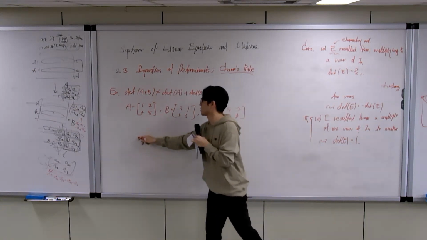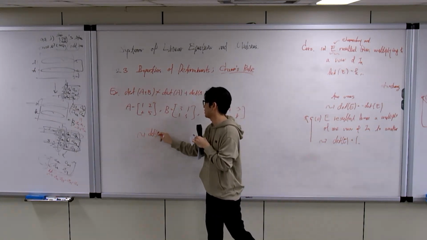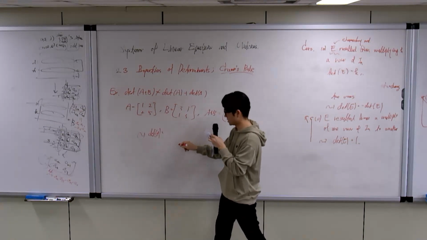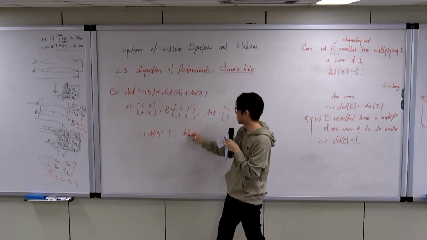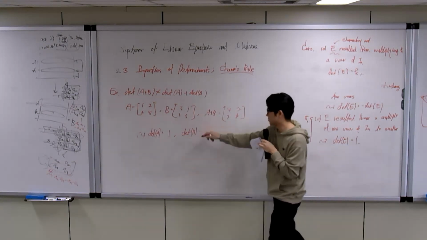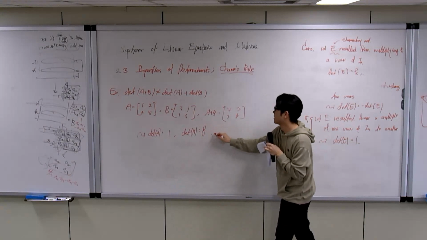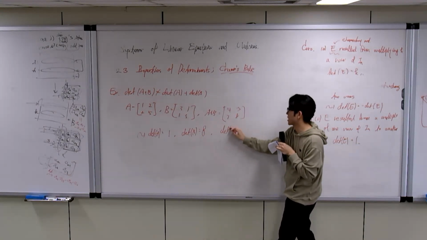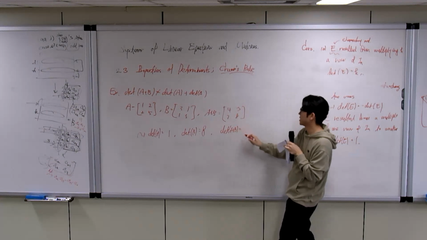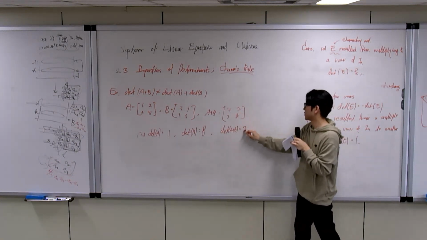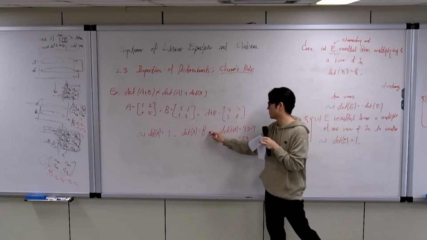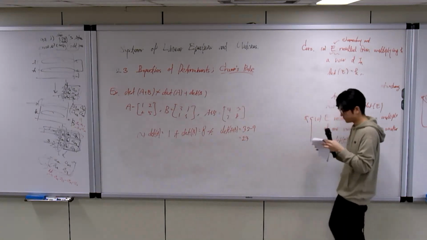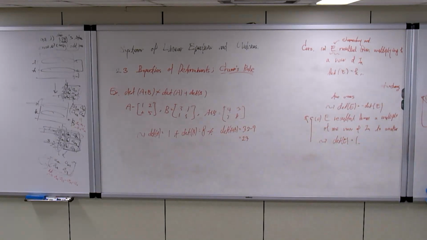However, if you calculate the determinant of A, it is 5 minus 4, so 1, and the determinant of B is 9 minus 1, so 8. However, the determinant of A plus B is 32 minus 9, 23. So it is not the same. In general, it is not equal.